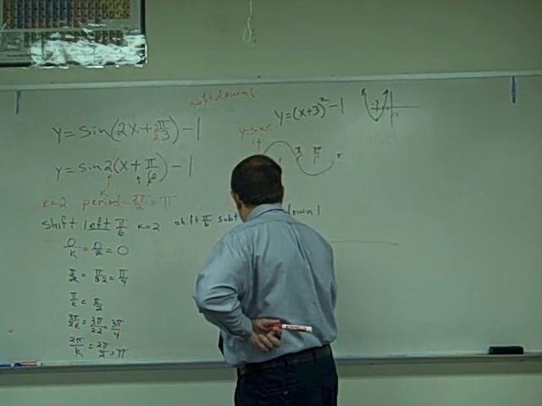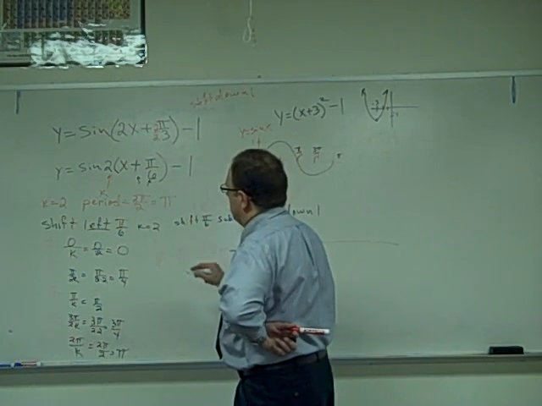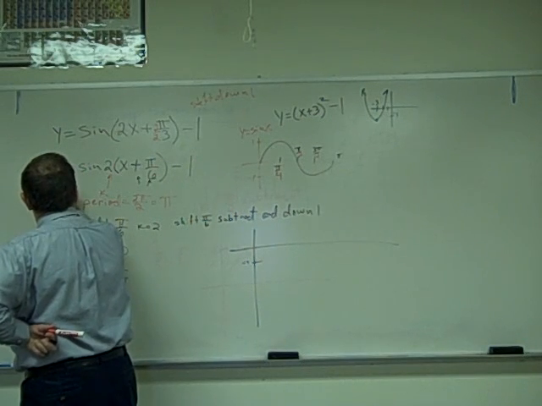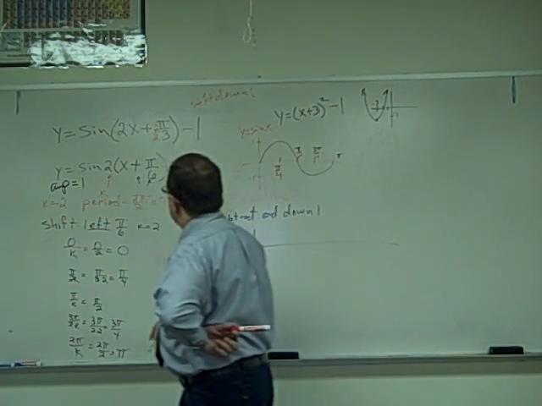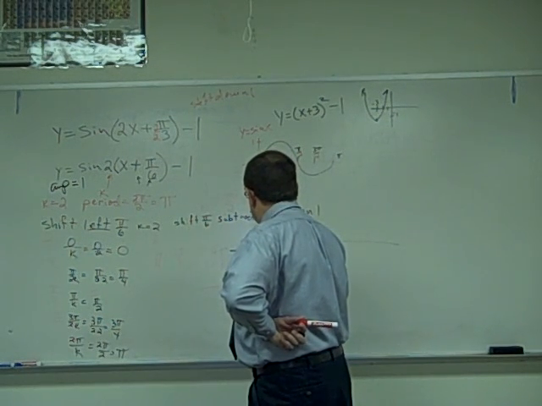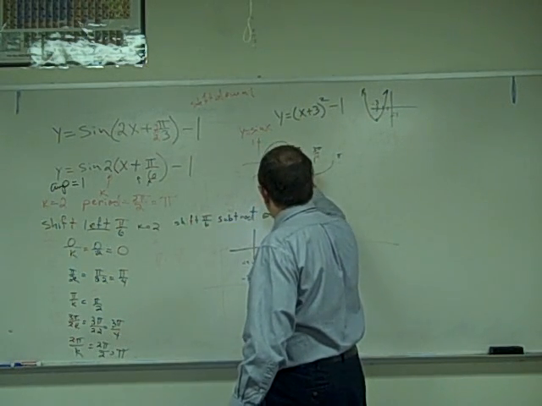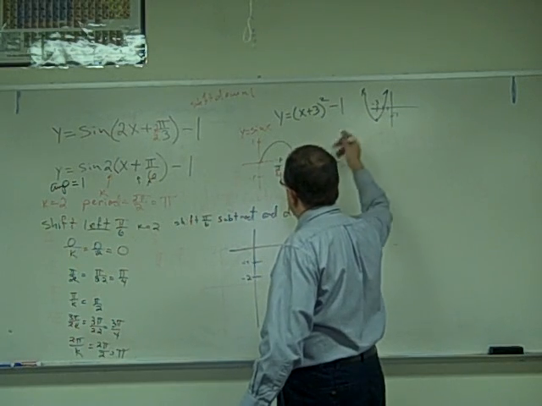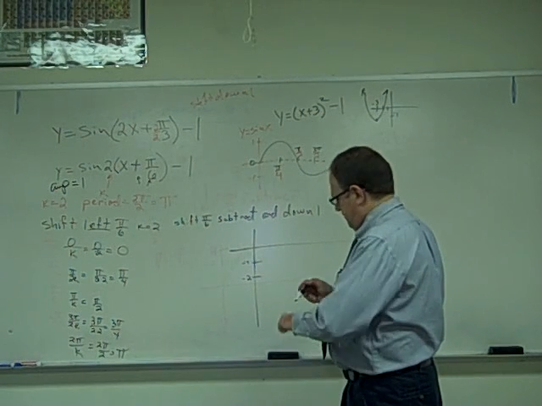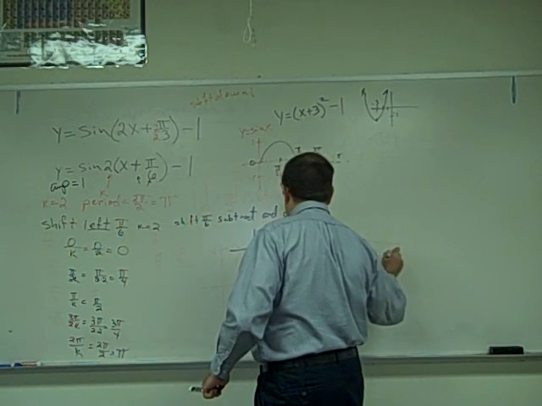Okay, here's, let me make this a little bit bigger here. Here's -1. Like we said, our amplitude is 1, right? So here's -1, here's -2. We're shifting down 1. So now instead of our center of where our graph shifts up and down from being at 0, now it's going to shift up and down from where? -1. From -1. So we want to draw like an imaginary line there.